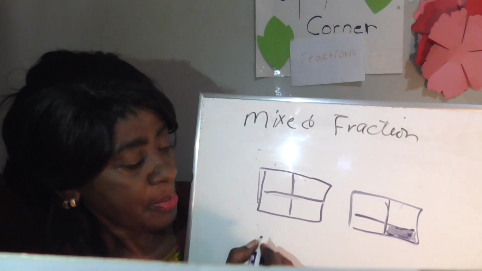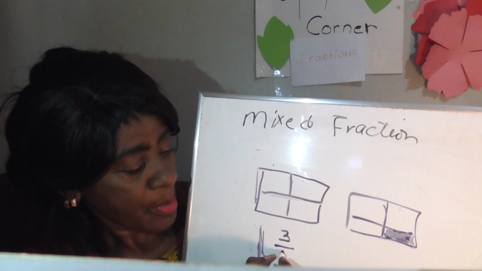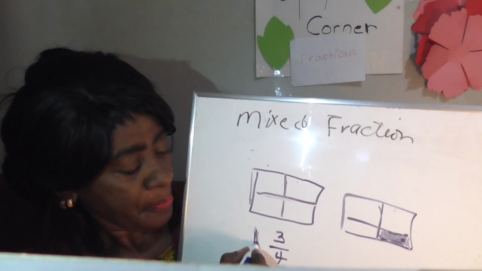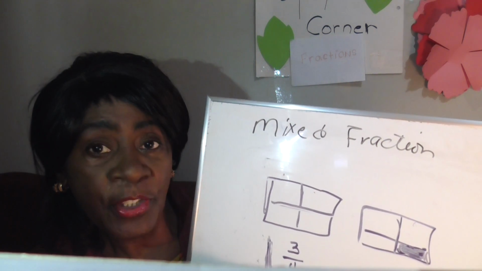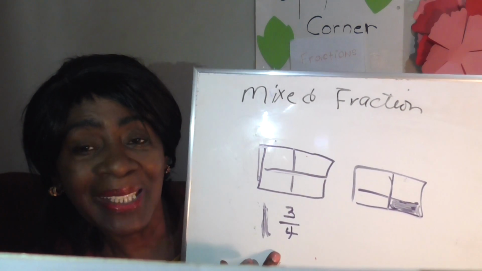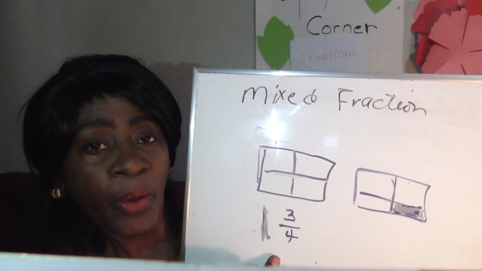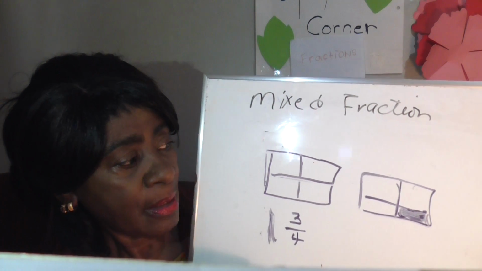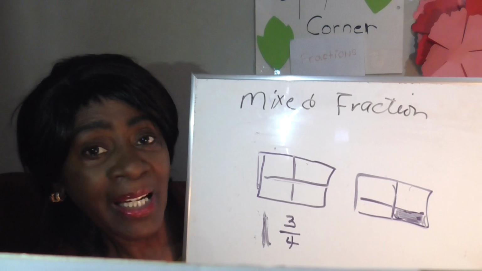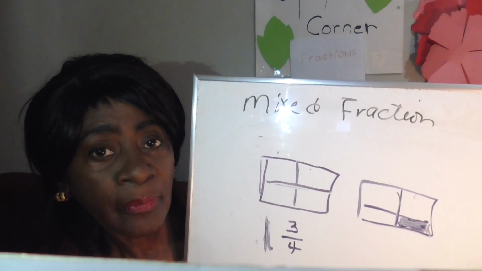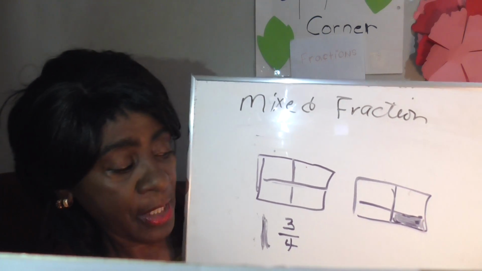How many are not colored purple? 1 and 3/4. If you wanted to change that 1 and 3/4 to an improper fraction, the question is, how much of those two squares are not colored purple? But they want the answer in an improper fraction, not a mixed fraction.